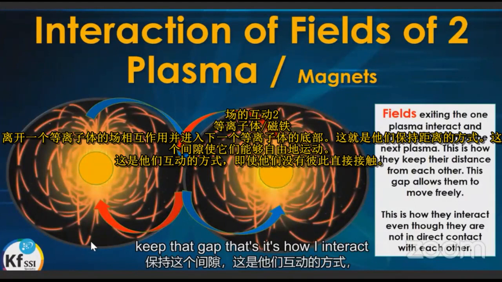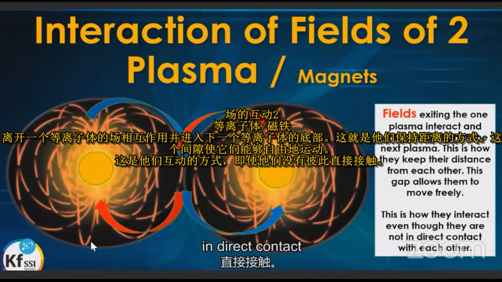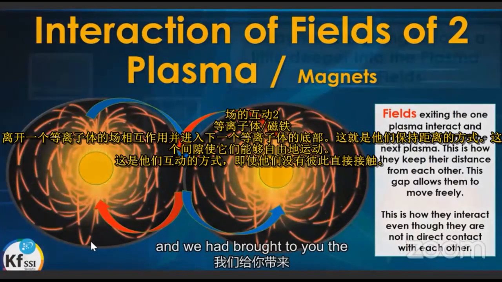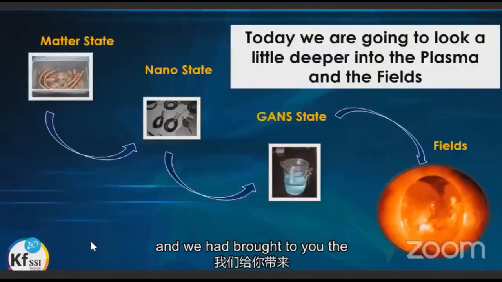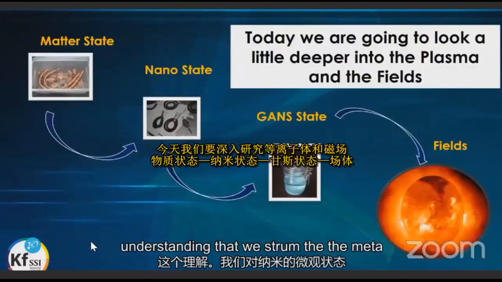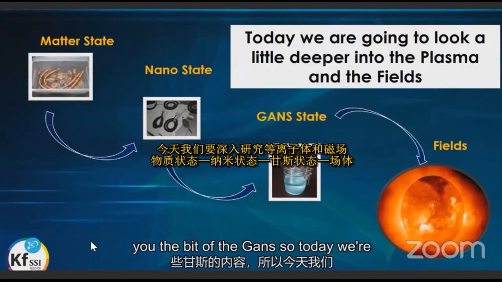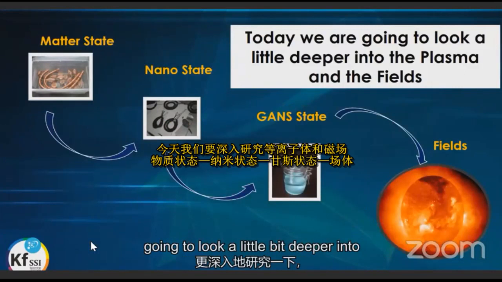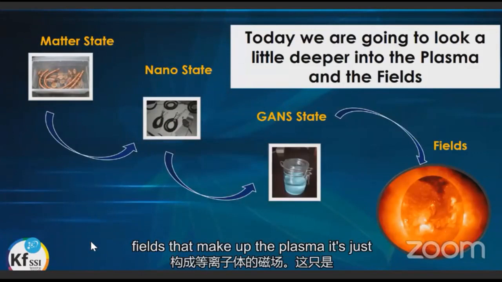It's how they interact with each other even though they're not in direct contact. And we had brought to you the understanding that from the matter state, we go into the nano, and we showed you a bit of the GAN. So today we're going to look a little bit deeper into what we term the plasma and the fields that make up the plasma.